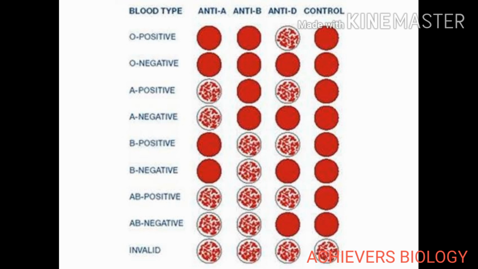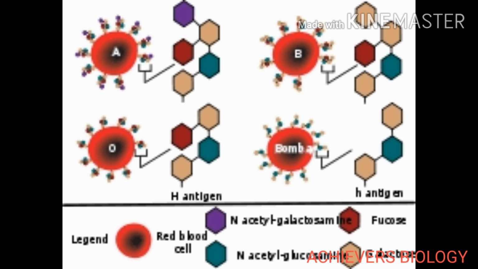If it's blood group B, it will give coagulation with anti-B antisera. If it's AB, it will give coagulation with both anti-A and anti-B antisera. If it's O, it gives coagulation in neither anti-A nor anti-B.